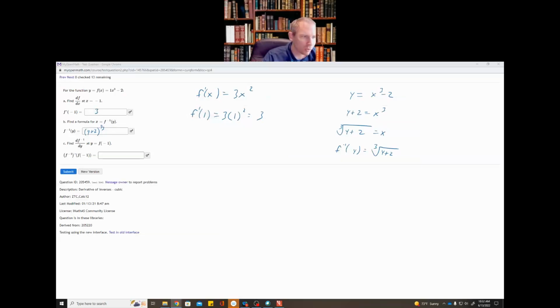So one way to do this is using the theorem, and the other way would be, since I have formulas for it, just to compute derivatives.